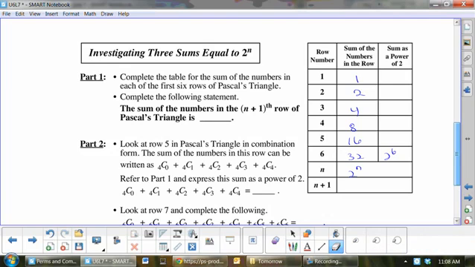It's 2 to the... What's 32? 2 to the... It's 2 to the 5, isn't it? So in the nth row, it would be 2 to the n minus 1. How about in the n plus 1 row? It would be 2 to the... Well, I'm going to add 1. n plus 1 minus 1 is n.